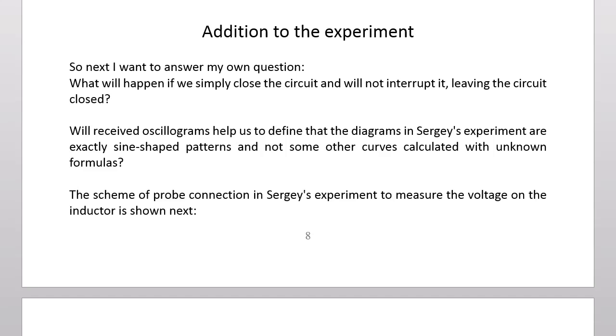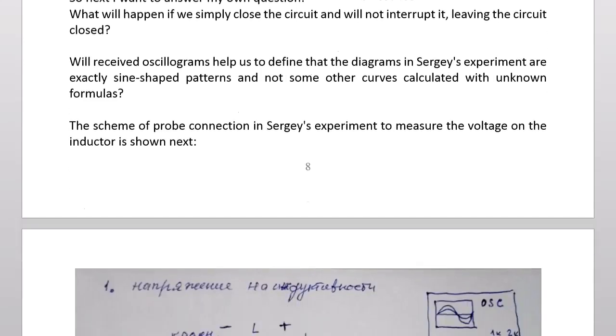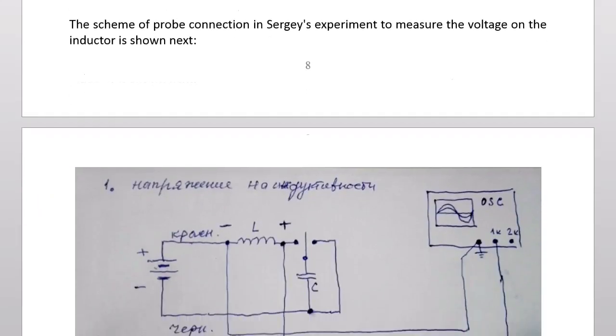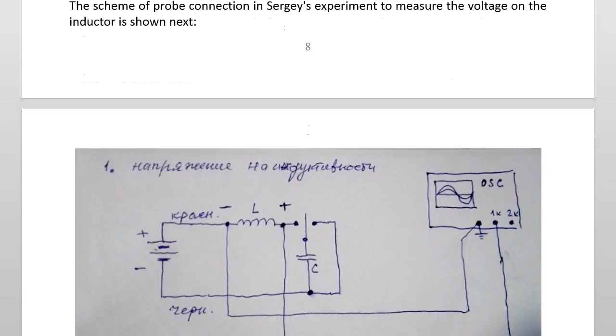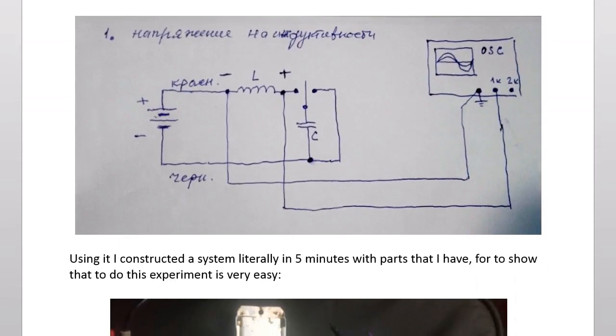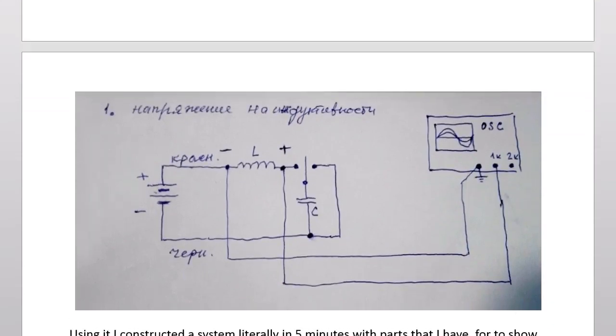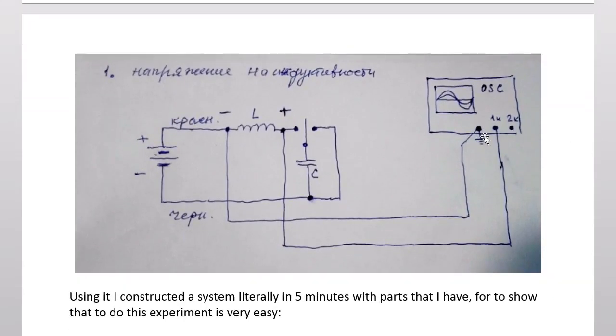The scheme of probe connection in Sergey's experiment to measure the voltage across the inductor is shown next. This is a photo from the original experiment. You can see the ground, you can see the tip, and how they are connected to the circuit.